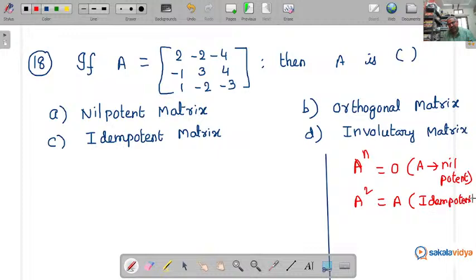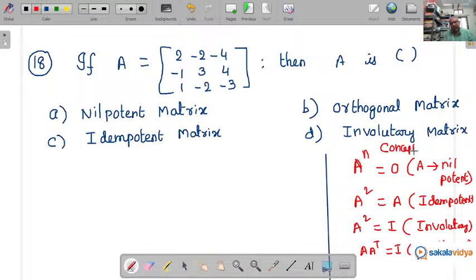So this is the test. For example, A square is equal to I, that is involutory matrix. A into A transpose is equal to I, then A is said to be orthogonal. So clear now? So better these concepts you need to remember.